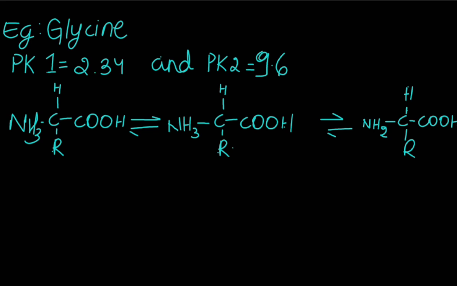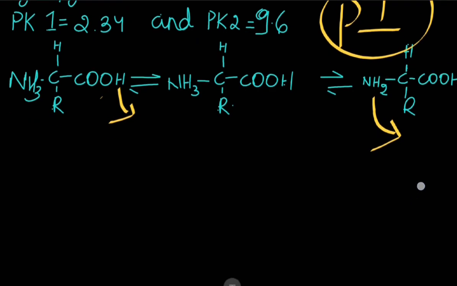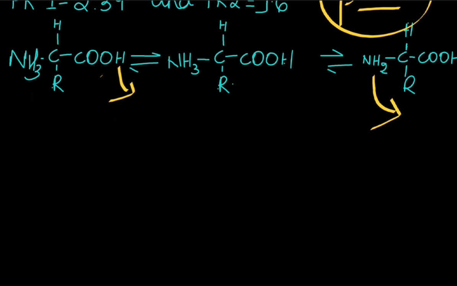If I want to calculate the isoelectric point for glycine, I know that the pK1 value is the pH at which the COOH will lose its hydrogen, and the pK2 value is where NH3+ will lose its hydrogen. Let me try to make you understand what exactly I'm trying to say.